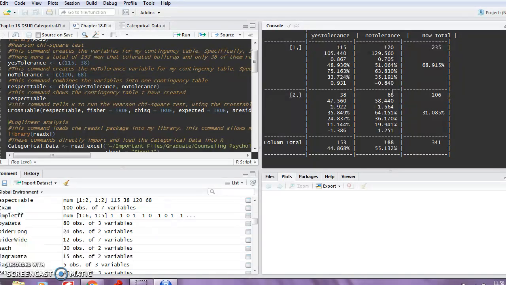But if you really want to break them down, the point I'm trying to make here is that even though you can find an association between two variables, in order to make it more meaningful than what it is, you want to look into it further. So what we see here shows us that none of it is significant.